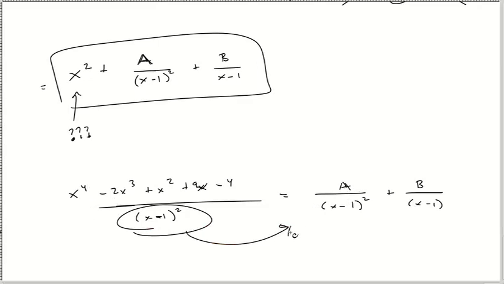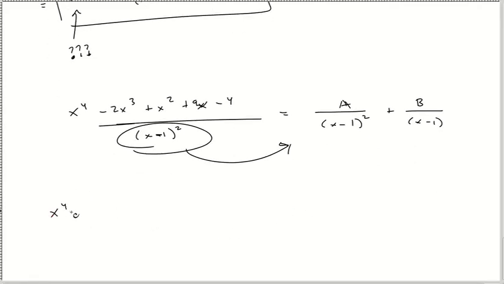So when I multiply it over, what I'm going to get is x to the 4th minus 2, excuse me, x cubed plus x squared plus 9x minus the 4 is equal to, and now when I multiply it to both of these, I actually get this in the numerator, and these guys cancel, leaving it as a plus a, and up here I got a b times x minus 1. Let me try to do that minus a little bit better there.